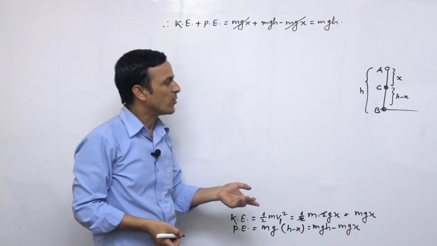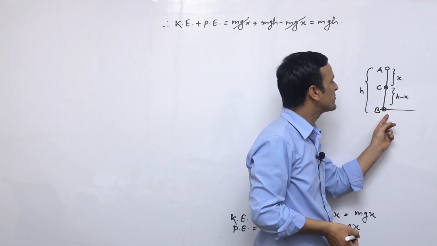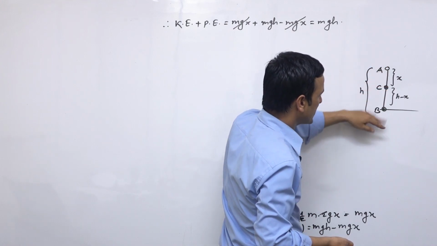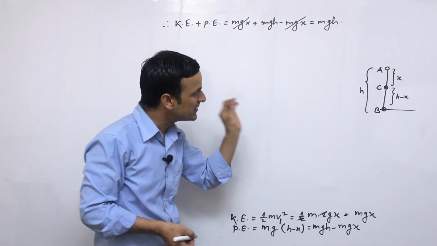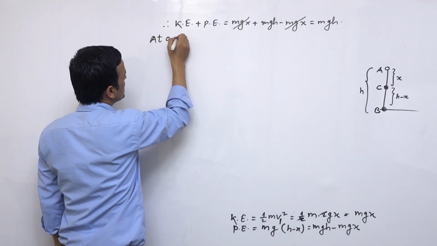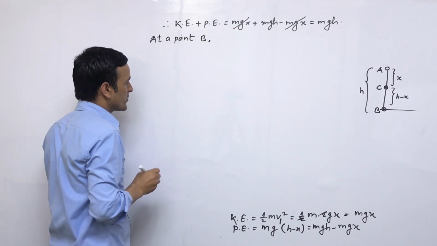Similarly, we can find out the kinetic energy and potential energy of the object at point B. When it falls freely from here, starting to fall and reaching B, we calculate its kinetic energy and potential energy and add them. So at point B, what will happen?